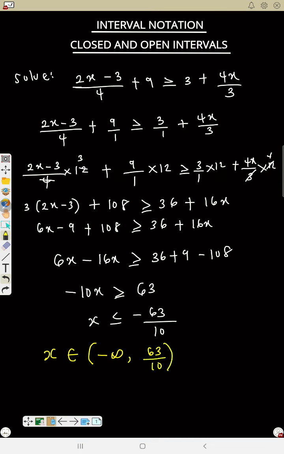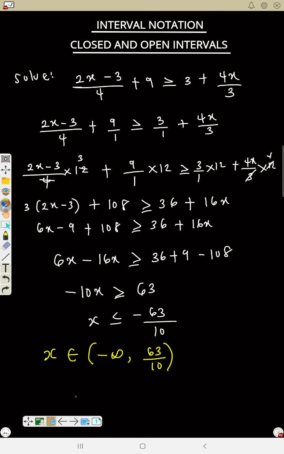But if this one is plus, for example, x will be a member of 63 over 10 to plus infinity. But the one we are doing is minus, so x is a member of minus infinity to 63 over 10.